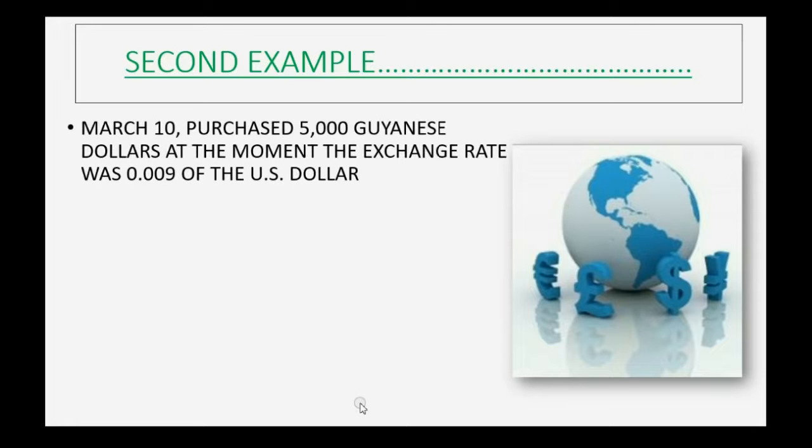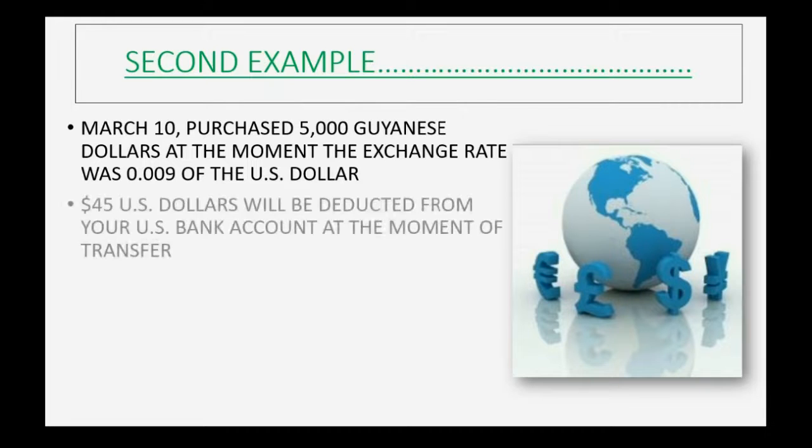Second example. Let's imagine on March 10th, we purchased 5,000 Guyanese dollars at the moment the exchange rate was 0.009 of the US dollar. In this case, $45 will be deducted from your US bank account at the moment of the transfer.